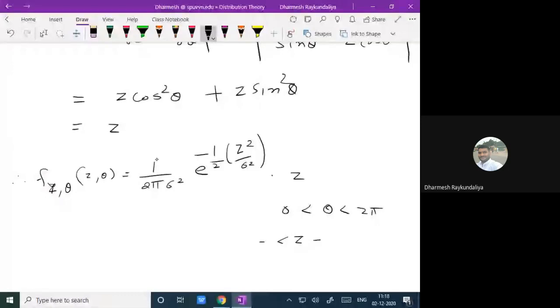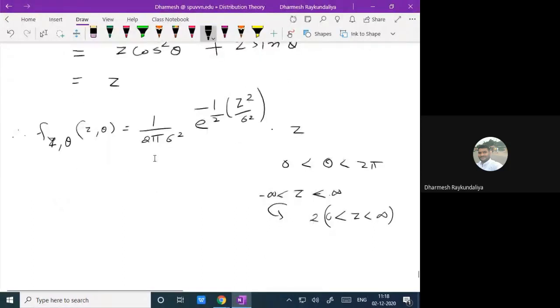And it is twice of this, because it is symmetric, so it is twice of 0 to infinity. And of course you have dz d theta.